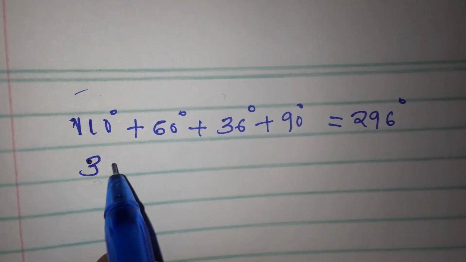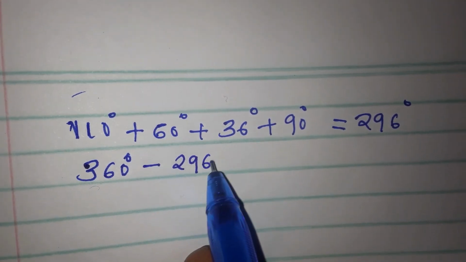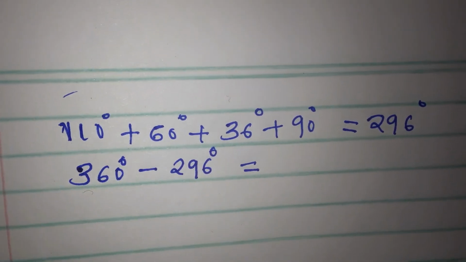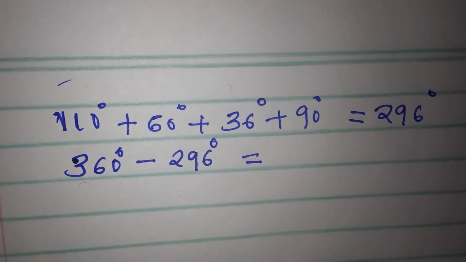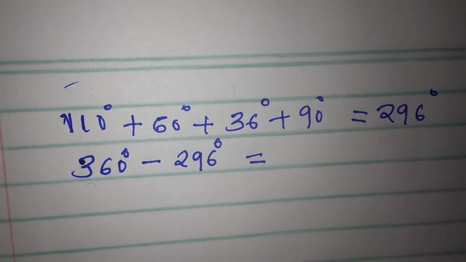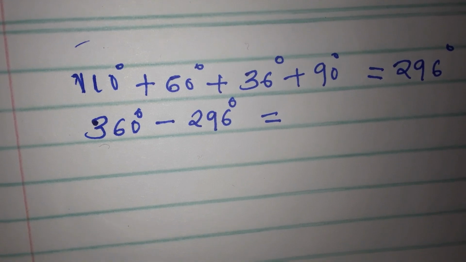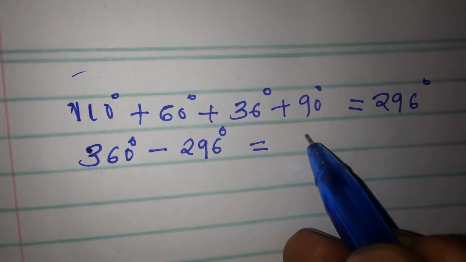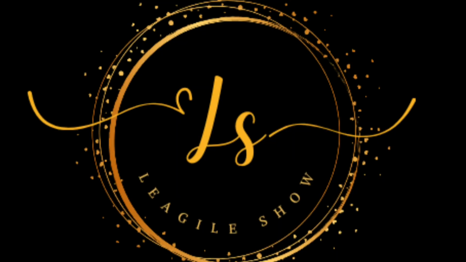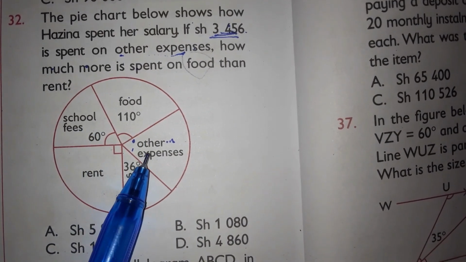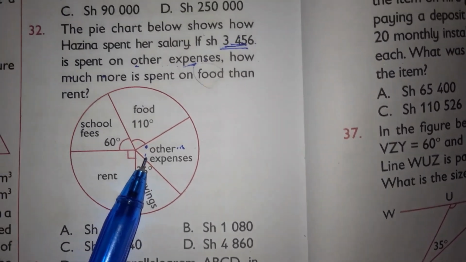So you will take 360 degrees minus 296 degrees, and this will give us the missing angle, that is the angle for the missing part, which is the other expenses. If you calculate this, you'll get it to be 64 degrees. That means this part here for other expenses, the angle here is 64 degrees.